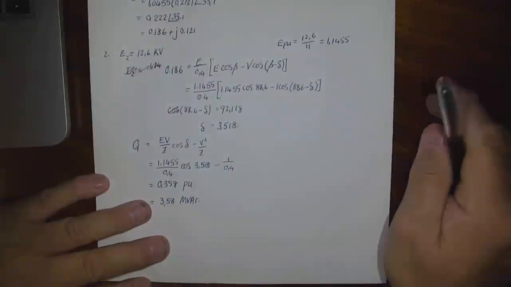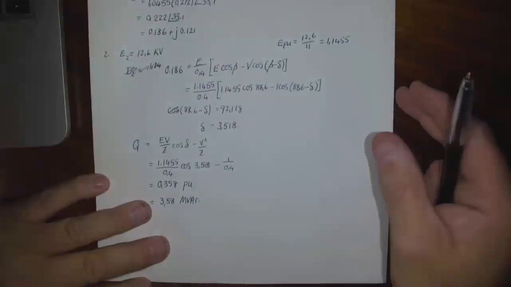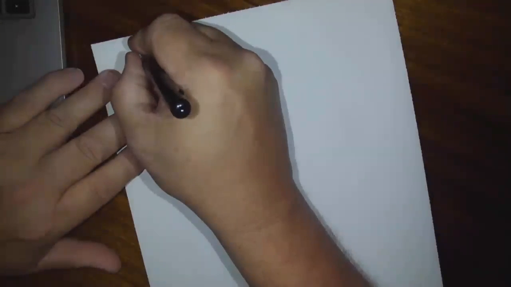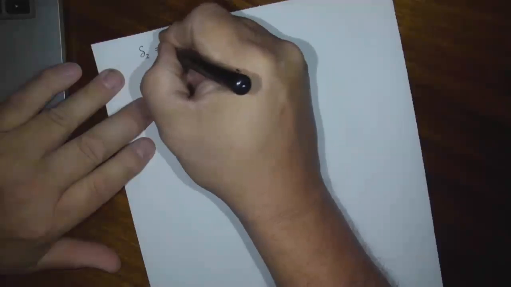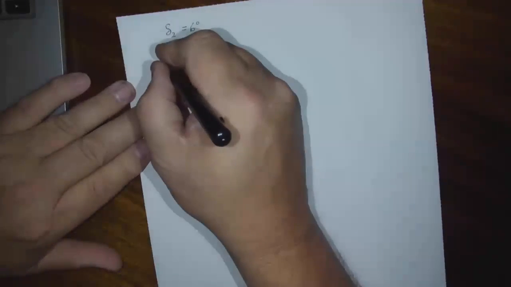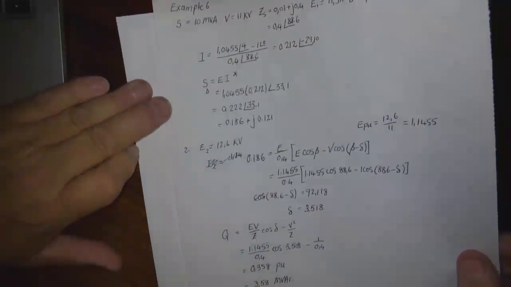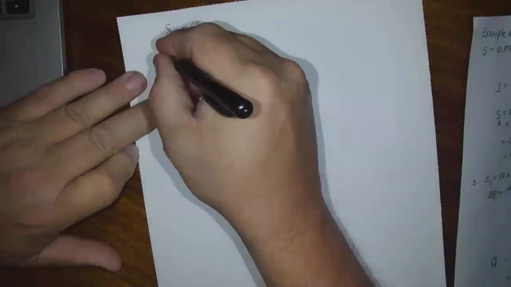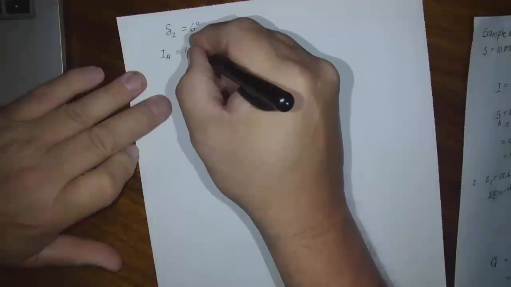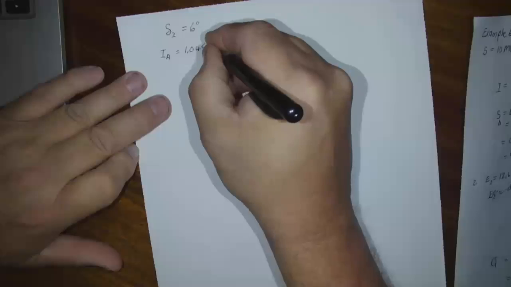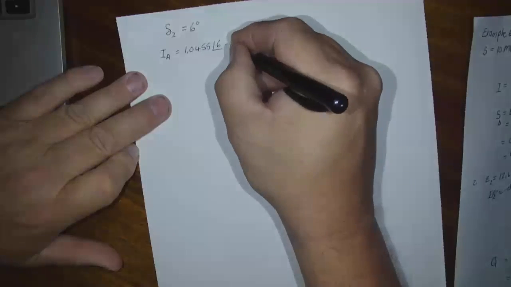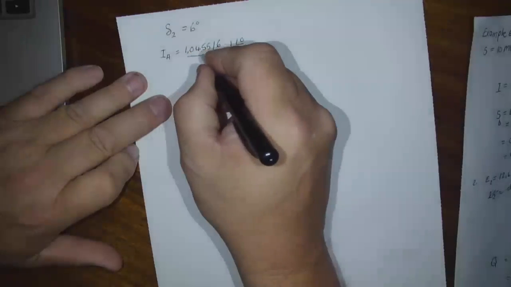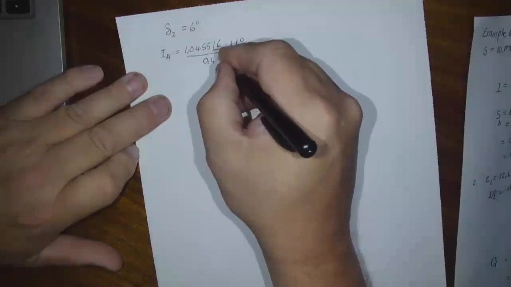Now we can do the same problem by making delta 2 equal to 6 degrees, but again with the same conditions as the first one. So IA is going to be 1.0455 at an angle 6 minus 1, divided by 0.4 angle 88.6.